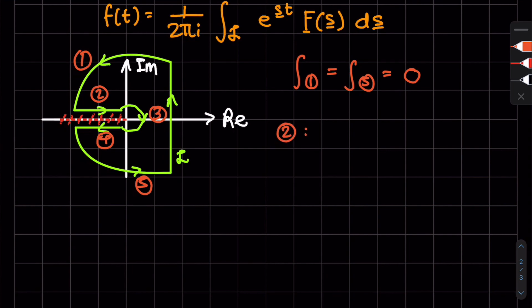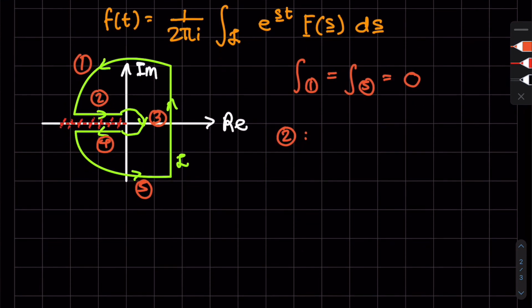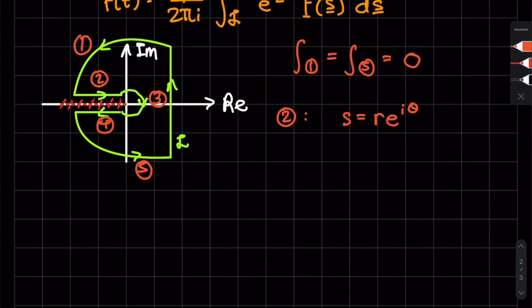So for segment 2, we need to parameterize everything in a certain way. The parameterization that works is s equals r e to the i theta. But the thing is, we need to choose theta properly because theta is constant on that entire horizontal line. Now, one way of doing this that is really powerful is looking at the phasors with respect to what we avoided, the branch cut.